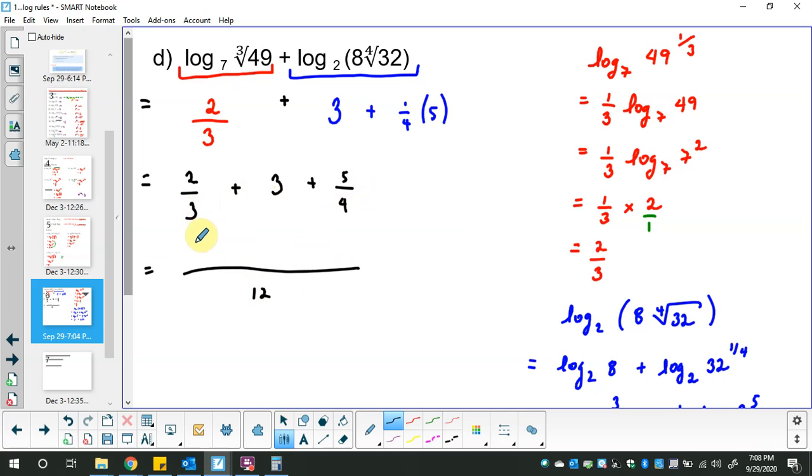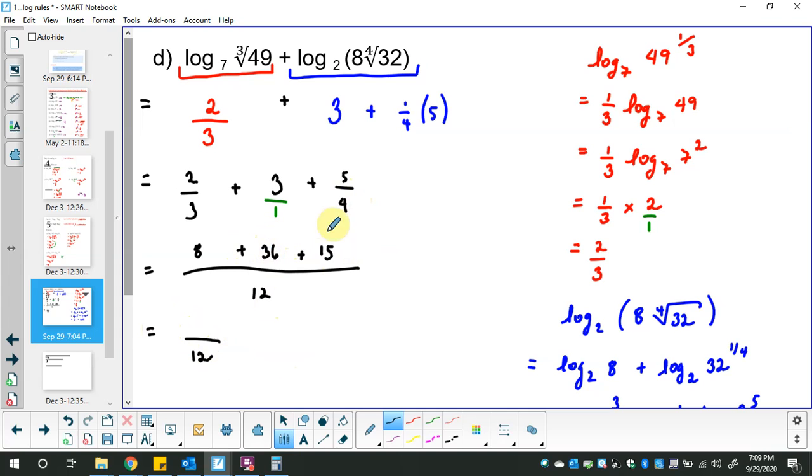So I times this by 4, times this by 4, times this 1 by 12, times 3 by 12, times 4 by 3, times 5 by 3. So our answer is over 12 before we try to reduce it.